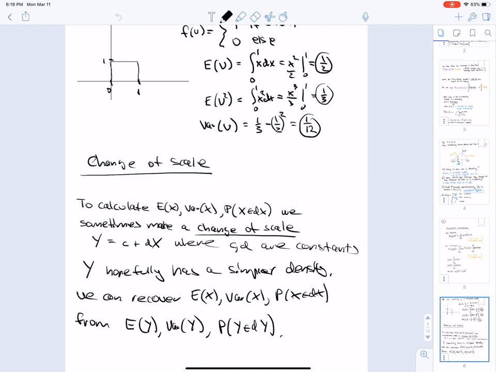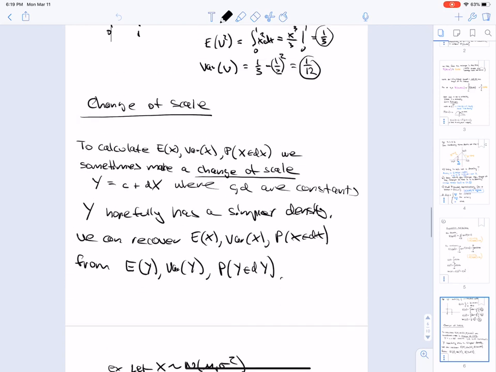Y is c plus dx, where c and d are constants. So the purpose for doing this is that y will have a simpler density than x does. And we can easily recover the expectation of x, or the variance of x, from the expectation of y and the variance of y.